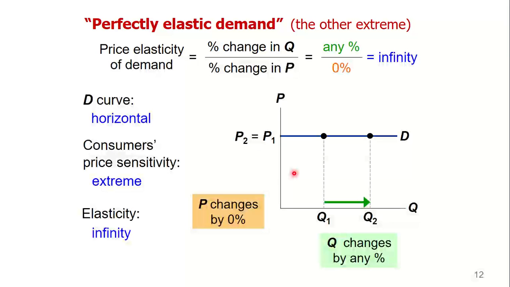Similarly, if you drop your price below $5, then demand for your wheat will become enormous, not literally infinite but almost infinite.